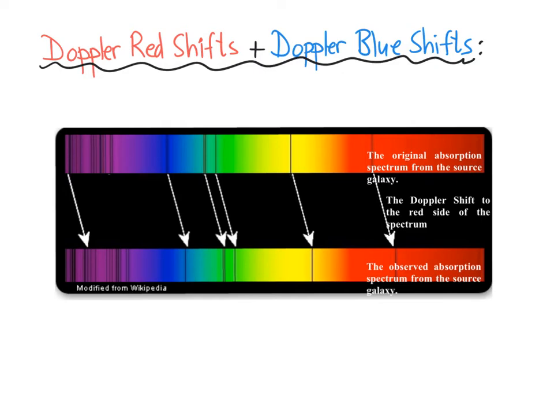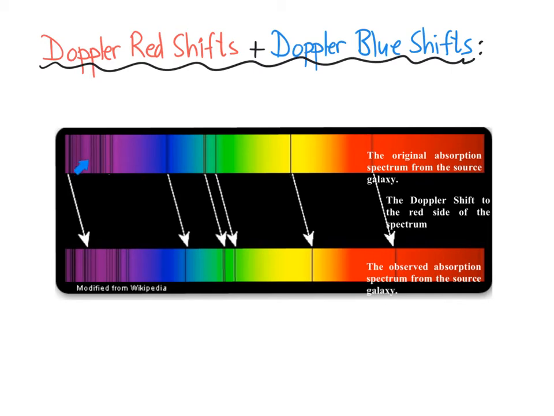Now, when we look at a galaxy and we split the light up from that galaxy, we get spectra that look like this. So there is a continuous spectrum in the background, but then as that electromagnetic radiation passes through the dust and the gas in the galaxy, we find that these photons are missing.